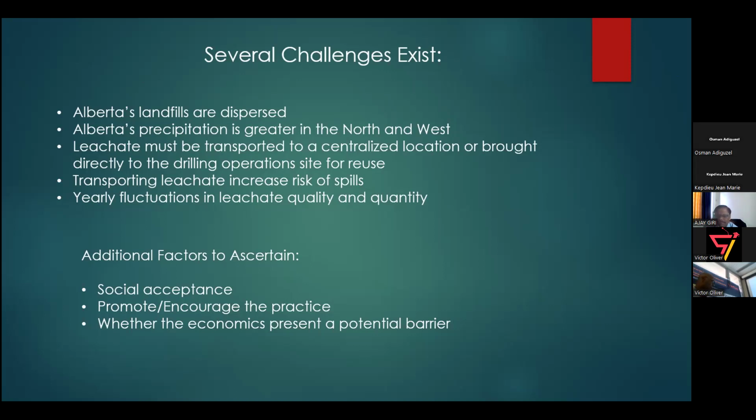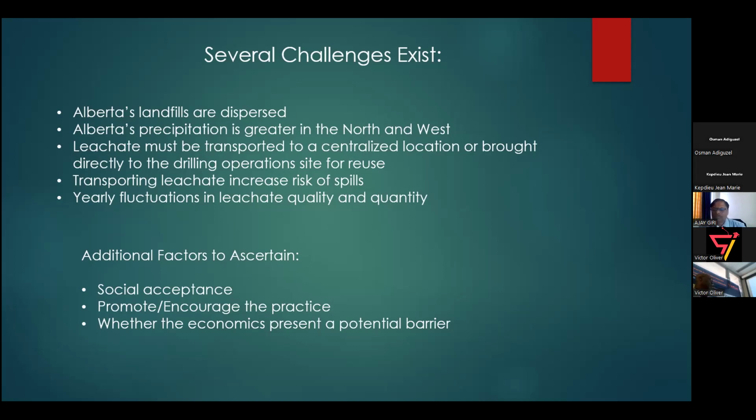And very importantly, this is where the regulators come into play. The regulators started looking into it because they feel the pressure to promote, encourage, and be visionary in how they can come up with regulations or guidelines that will facilitate the use of landfill leachate.